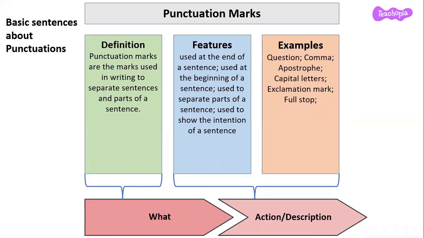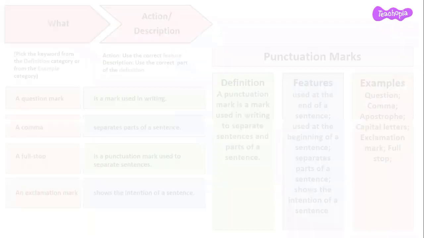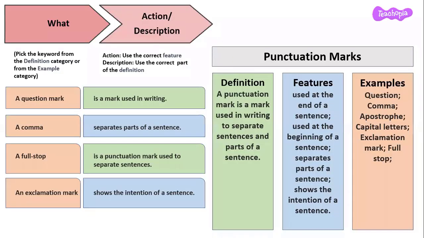Some of you have used features about the punctuation marks, that it is used at the end of a sentence or at the beginning of a sentence or used to separate parts of a sentence. So, we already use different parts of a vocabulary set to help us construct sentences without knowing. So let us see how we can use a vocabulary set to also help us come up with sentences.